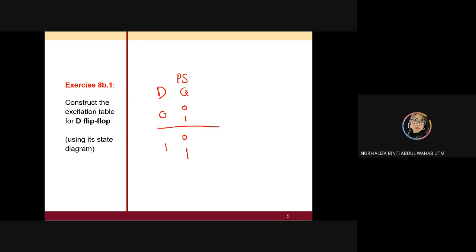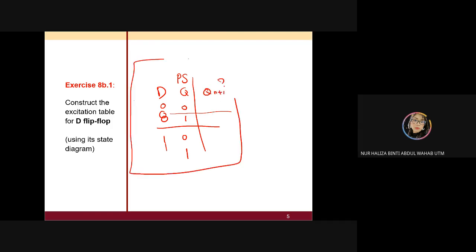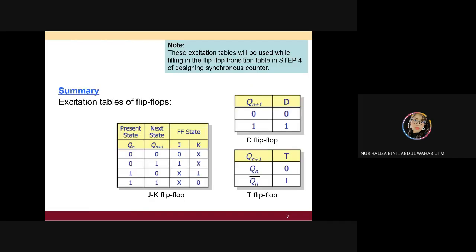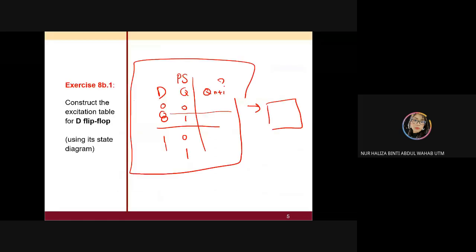So that's why you're going to have 4 rows: 0, 0, 0, 1, 1, 0 and 1, 1. So what is your next state? Fill in the value here and then come up with your excitation table. Actually, your excitation table is already given, but how do you get this? This is the thing that you need to derive.